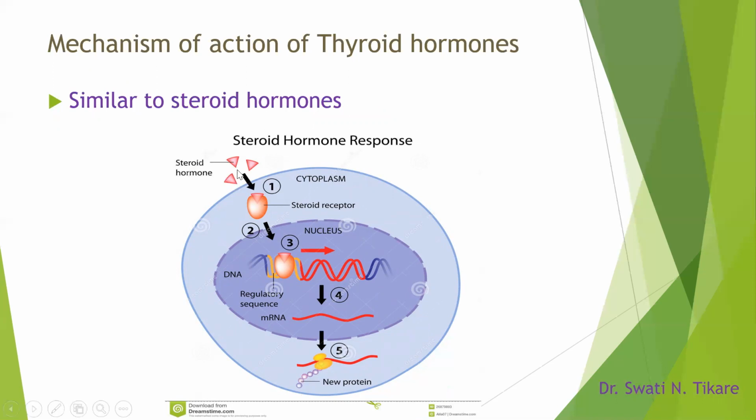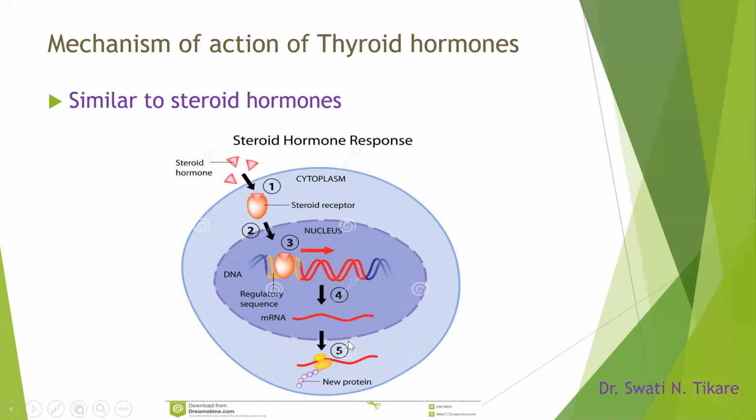The thyroid hormone will enter easily into the target cell and bind with the thyroid receptor there. Then the thyroid receptor and hormone complex will enter the nucleus and bind to a specific segment of DNA. Accordingly, a particular mRNA coding a particular protein will be produced.